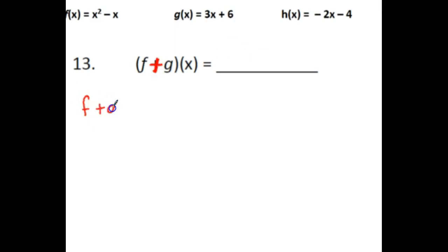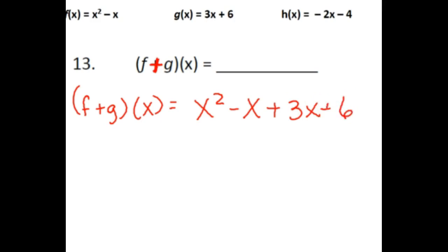And so this means that you write down this equation with the variable x and add it to this function rule. You add those two function rules together. And so if you add those two function rules together, you need to combine those like terms.